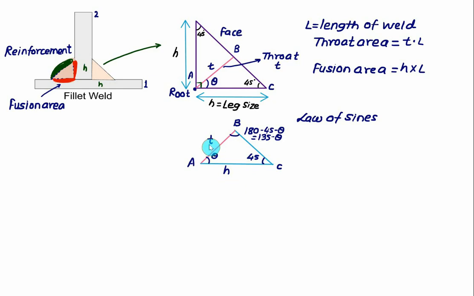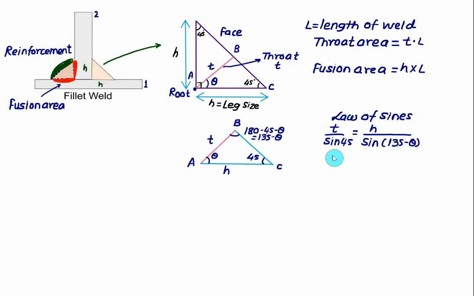To develop the relation between t and h, we can apply the law of sines. According to the law of sines, the side is proportional to the sine of the angle opposite to it. So we have t divided by sine of 45, the opposite angle, is equal to h, which is the leg size, divided by the sine of the angle opposite to it, that is sine of 135 minus theta.